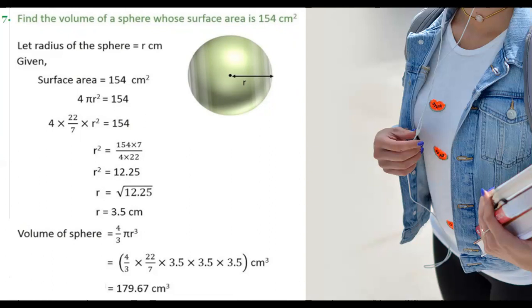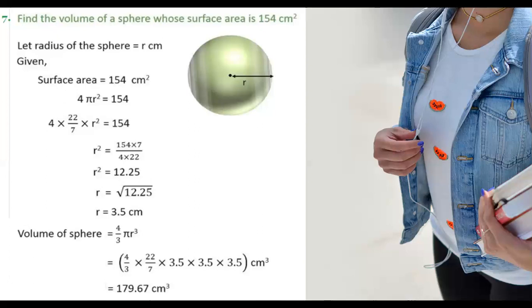That means 4 pi r square is equal to 154. Now substituting pi value as 22 by 7 and solving, we get r is equal to 3.5 centimeters. So now the volume of the sphere is 4 by 3 pi r cube.